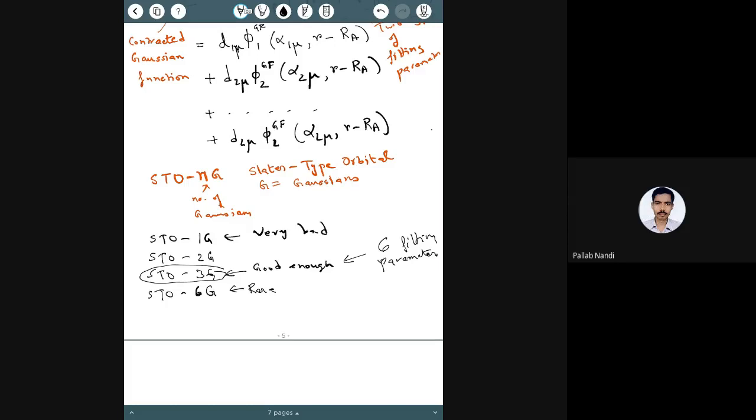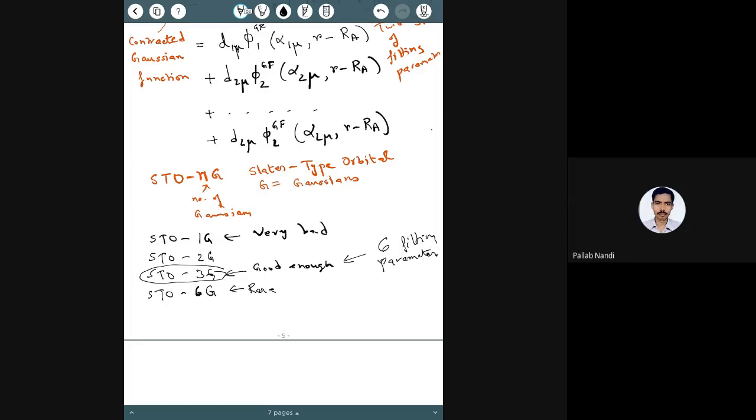STO1G. Okay. So I want each atomic orbital to look like a Slater function. So they are called Slater type orbitals, which we are representing by means of linear combinations of Gaussians. So the names that you will encounter are STONG, which means that every Slater orbital is represented by a linear combination of n Gaussians.